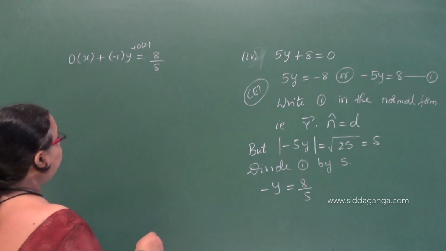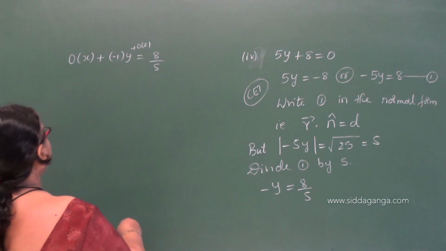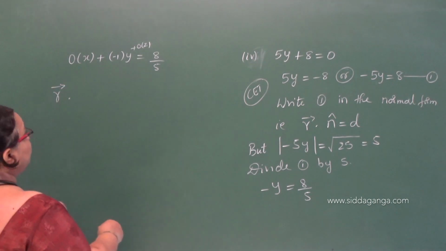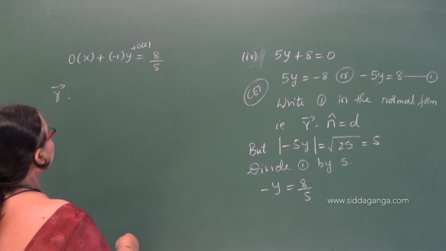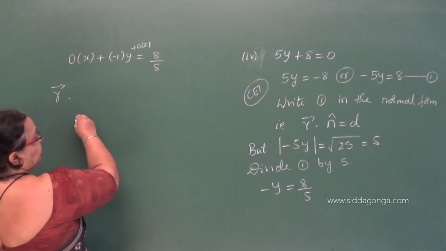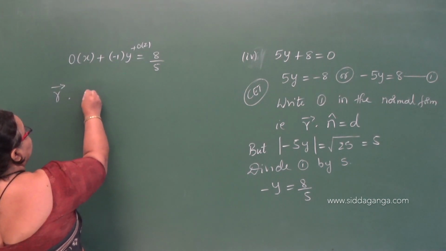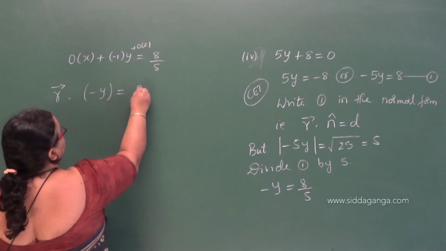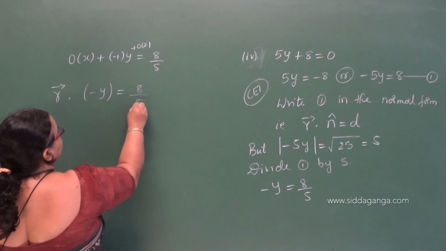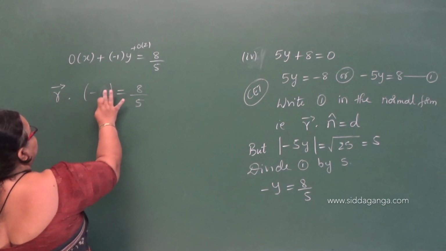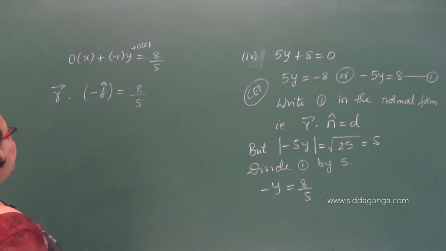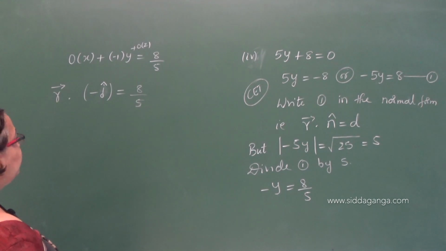That is r dot n cap equal to 8 by 5, where n cap is minus y, so only minus j cap remains. Written in vector form, it is r dot minus j cap equal to 8 by 5.